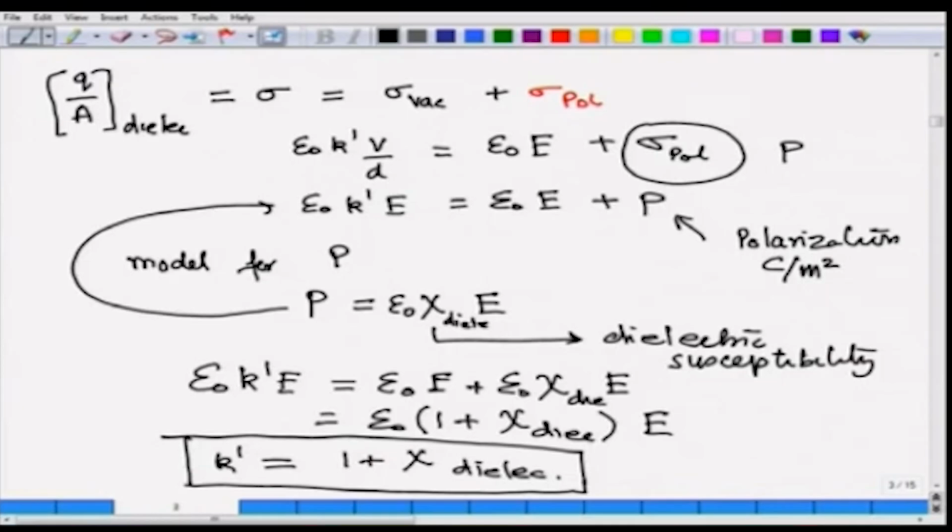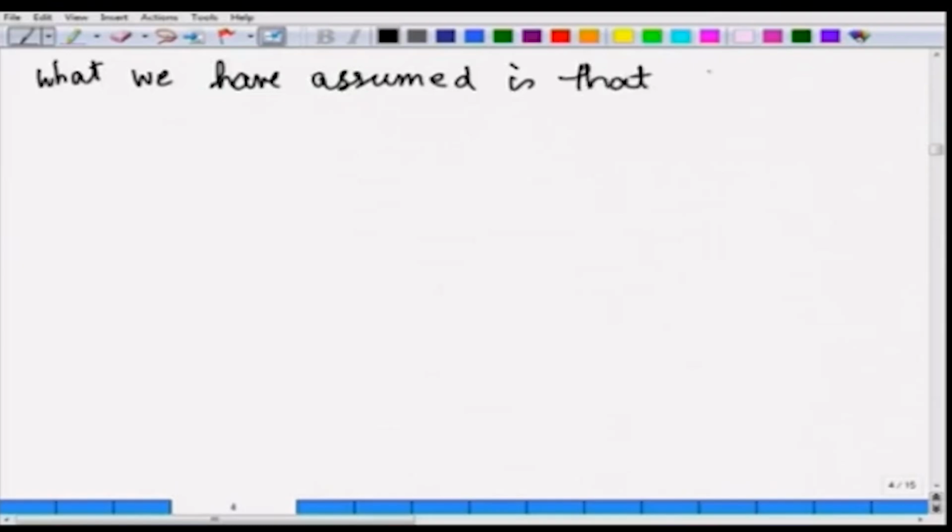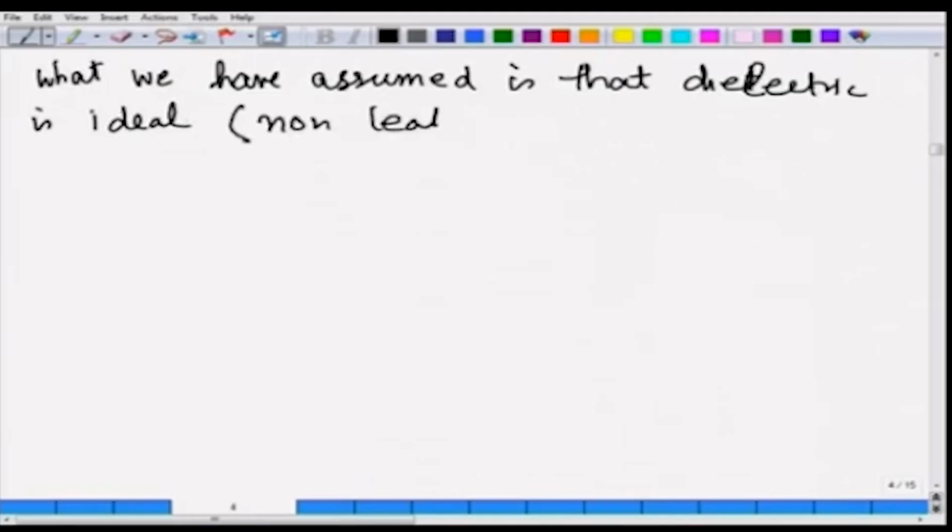Now, what I am going to do is something else. What we have so far assumed is that the dielectric is ideal, non-leaky.